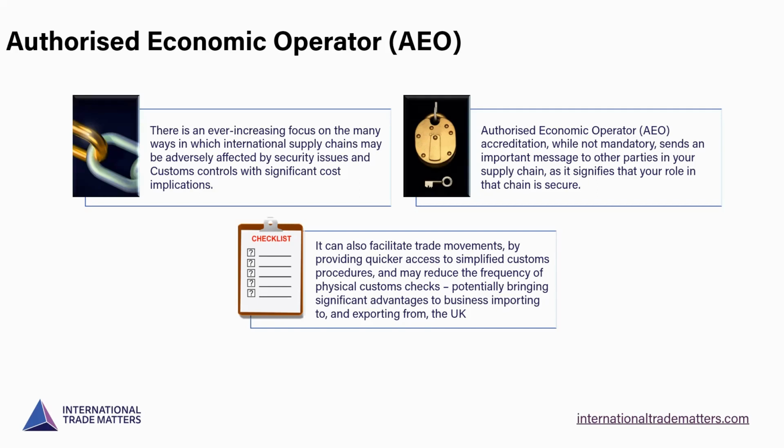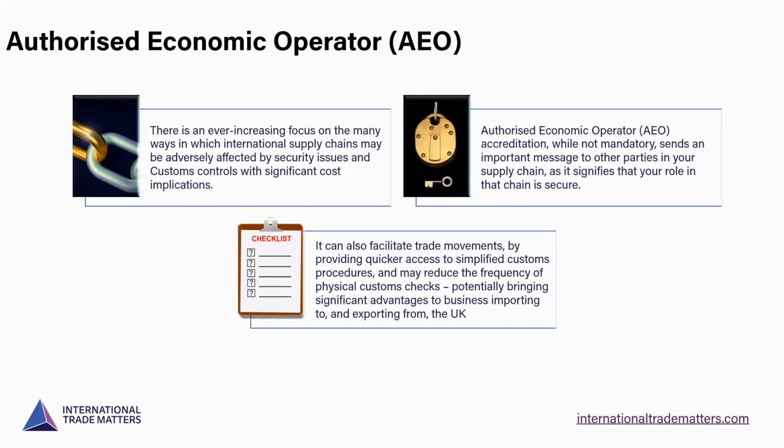So the mechanism to avoid some of these issues globally is the authorised economic operator platform, which is an accreditation issued by HM Revenue and Customs. Even though it's not mandatory, it sends an important message to the UK powers that be, HMRC, and overseas parties that you take your position within the supply chain very, very seriously.